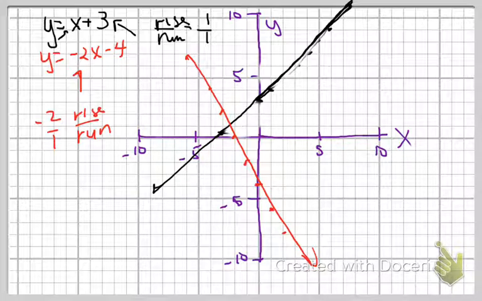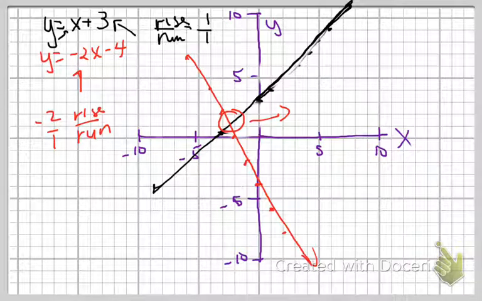Now, if you remember earlier, I said it was 2 1/3. And you can see that the x value is negative 2 1/3. So this right here is my solution.